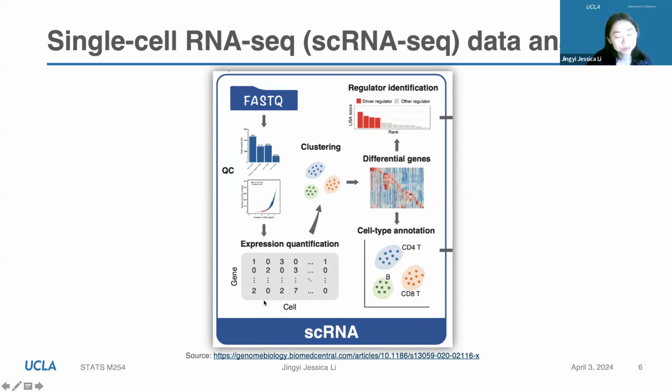You would also throw away the genes that are consistently zeros in all cells, because that means the gene is not expressed at all and therefore not informative. So we would not keep it.